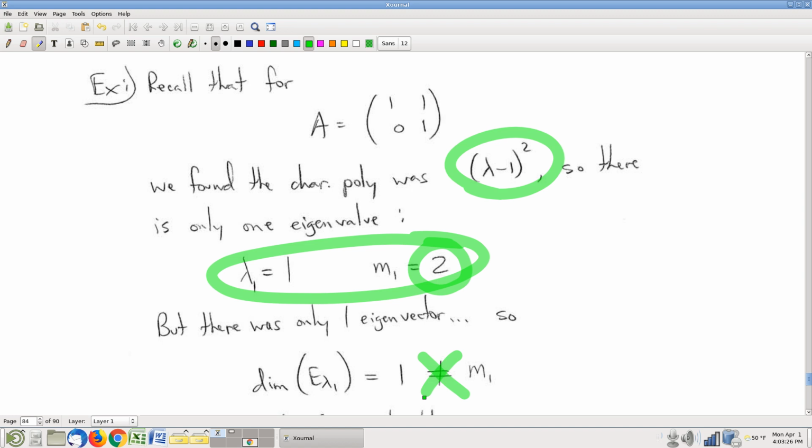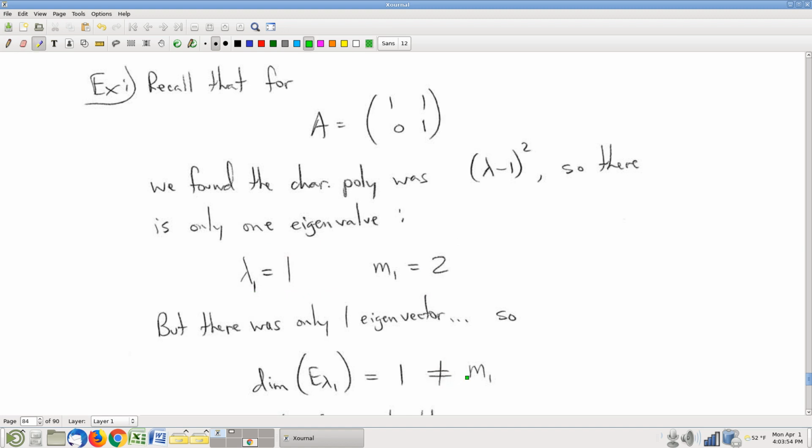That was it. Remember, we were sad about this because we were expecting there to be two eigenvectors, but there was only one. And so one of the consequences is that we can't find a basis of eigenvectors. Therefore, that matrix is not diagonalizable. It just isn't. Too bad. So, there you go.